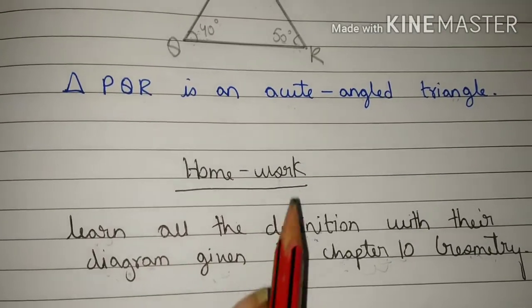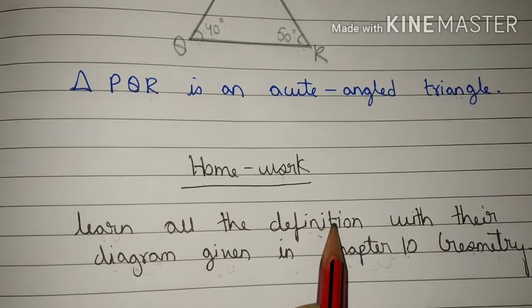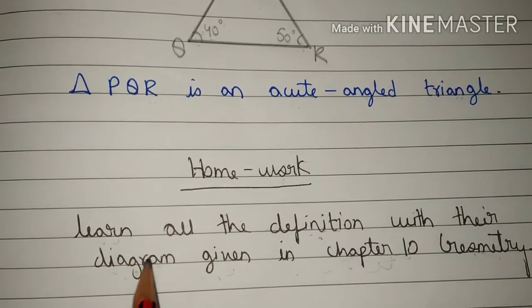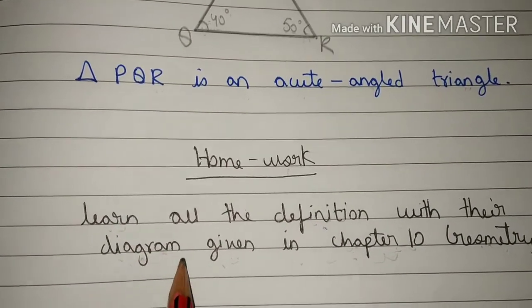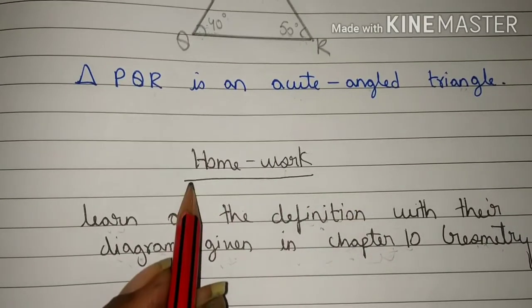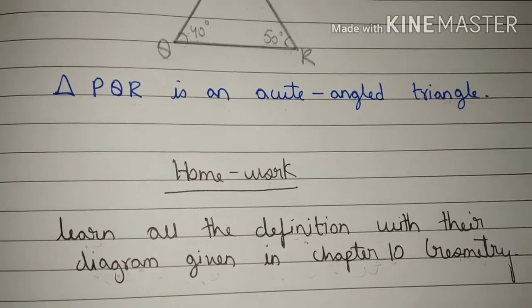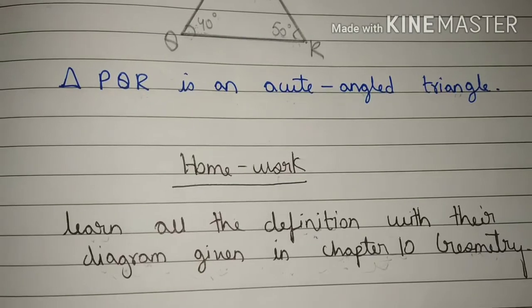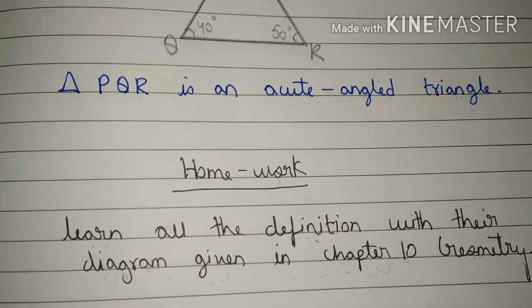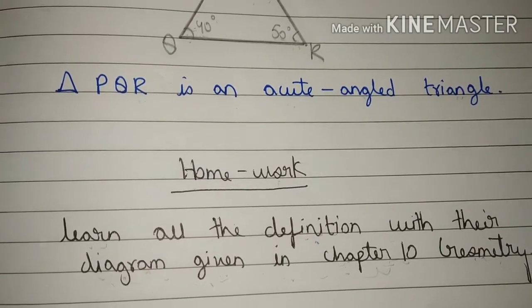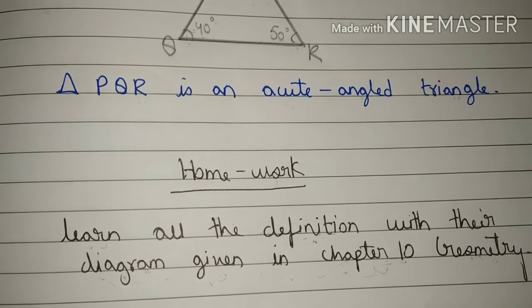These are the definition. You have to learn it along with their diagram. So students, this is your homework. Students, these definition can also come in your exam. So you have to learn all these definition with their diagrams.